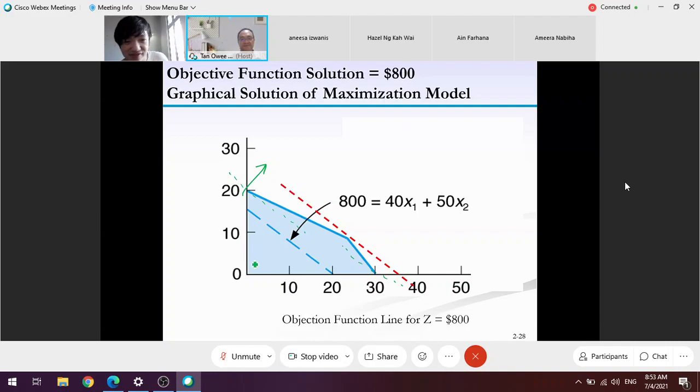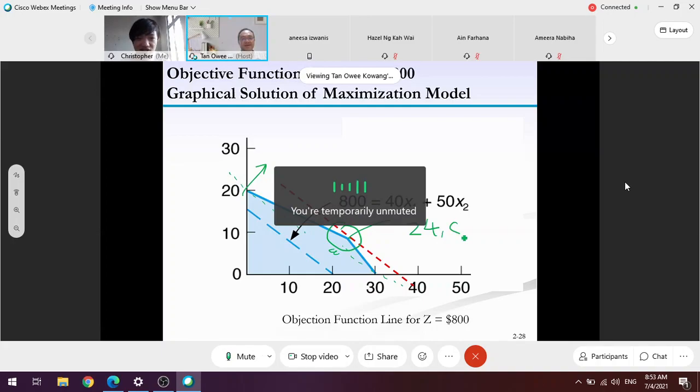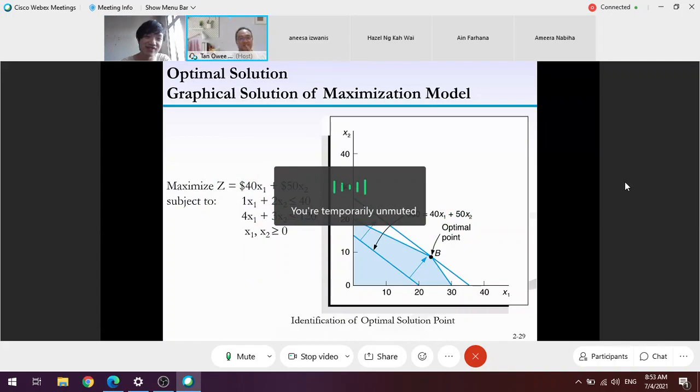Therefore, this is the point for the optimum solution. And from early on, we know this is 20. What is that? 24.8, is it? 24.8. All right. So this is the optimum point. And then again, you'll get the same answer.